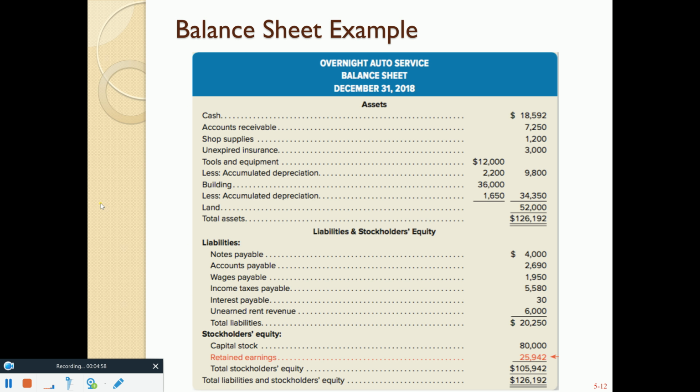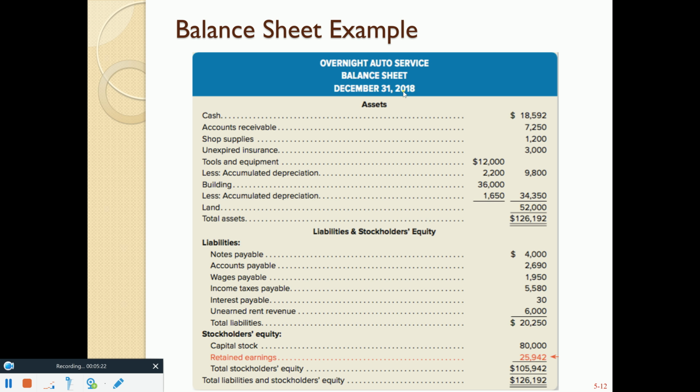The balance sheet, unlike the other 2 financial statements, which were for a period of time and had a begin date and an end date, does not have a begin date and an end date. If you take a look at it, what does it say? It says December 31, 2018. It doesn't say for the year ended.